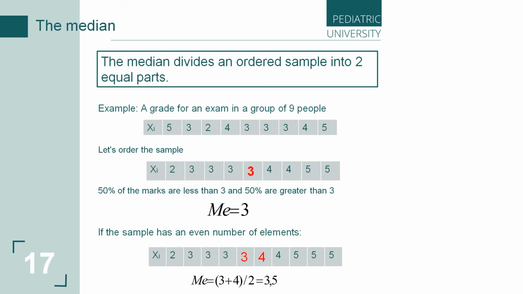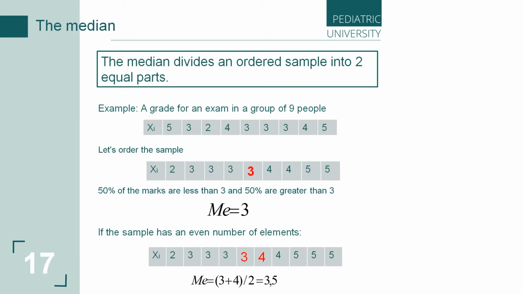The same idea: the median divides an ordered sample into 2 equal parts, ordered from the smallest to the largest. This will be the center value of the ordered sample. Let's look at the example on the slide.